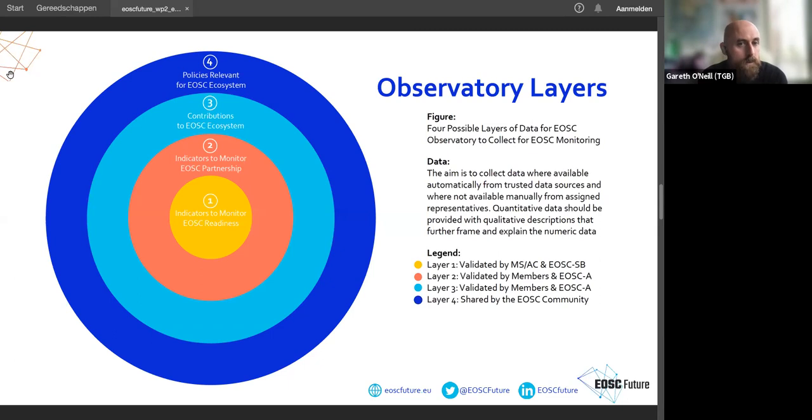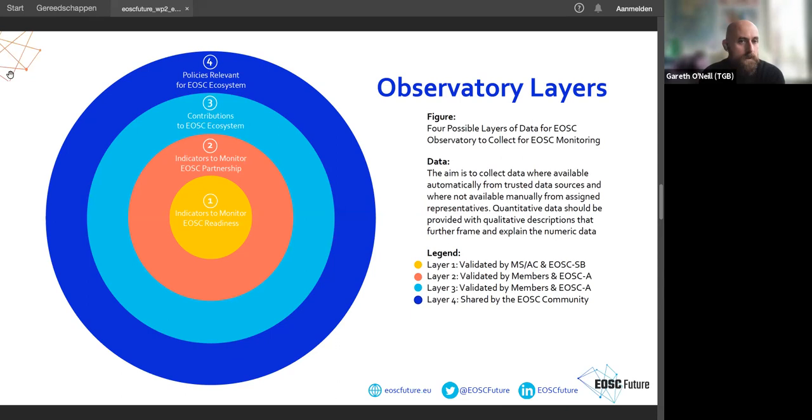So that's layer 2, on the indicators for monitoring the EOSC partnership falling under the EOSC Association. Layer 3, which is separate and also falls under the EOSC Association, is the contributions to the EOSC ecosystem. Specifically, these will be contributions, so activities from the members of the EOSC Association towards the EOSC partnership.